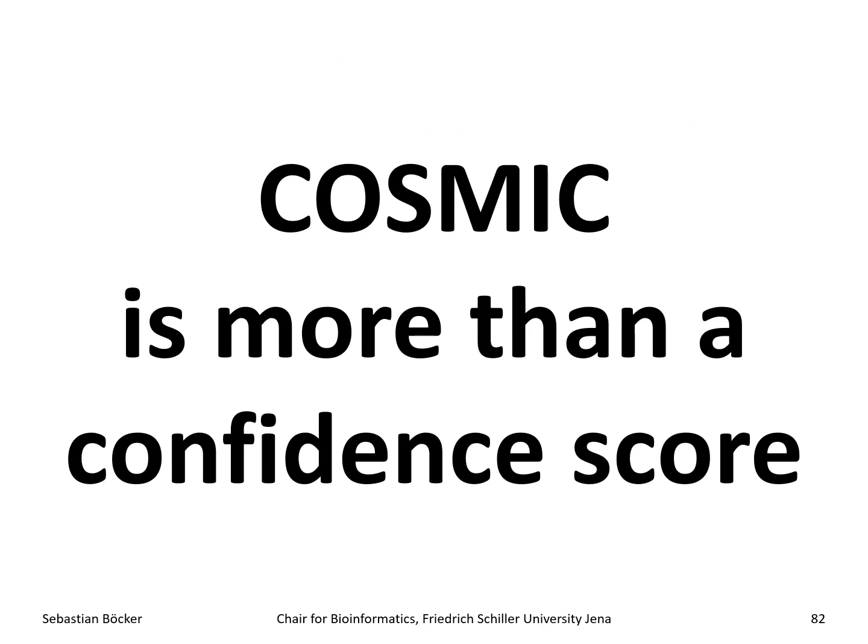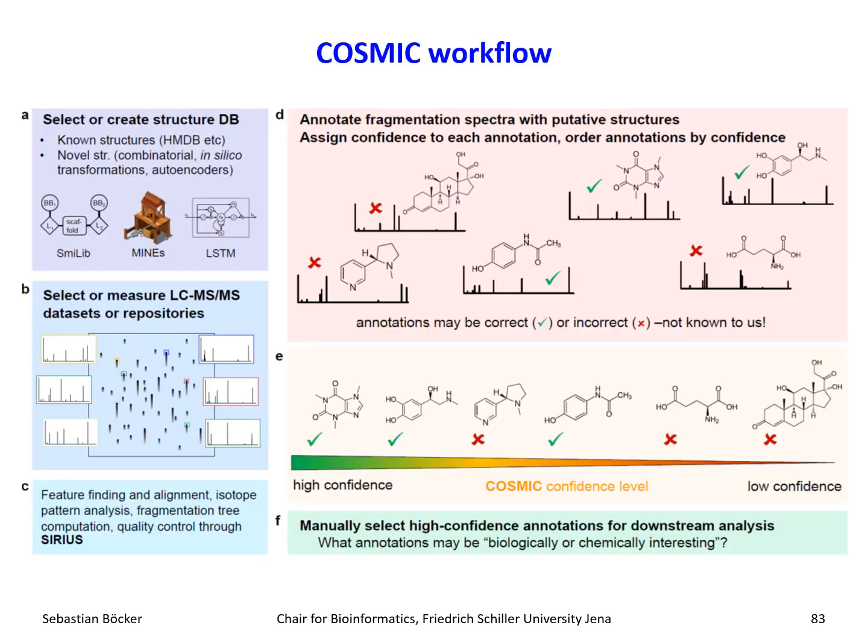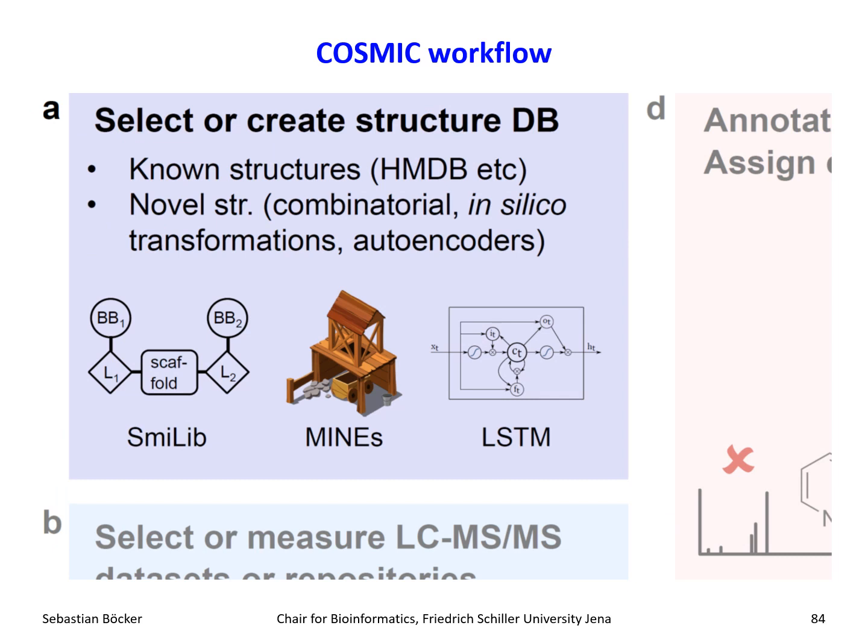Final chapter, Cosmic is more than just a confidence score. In the paper, there's a figure for the Cosmic workflow. And there's one particular panel that we have not considered so far, which is up here. If we zoom in, we see we have to choose the structure database to search in.